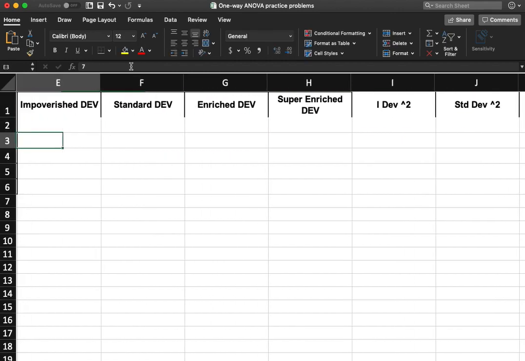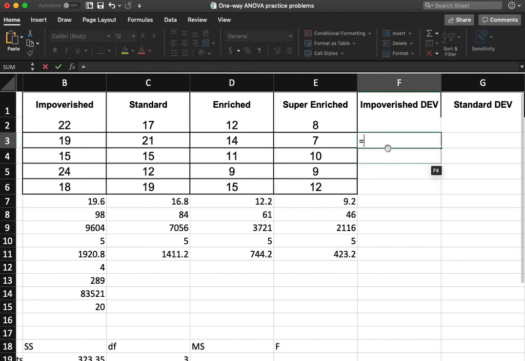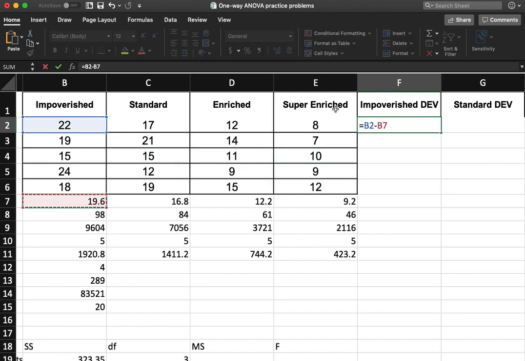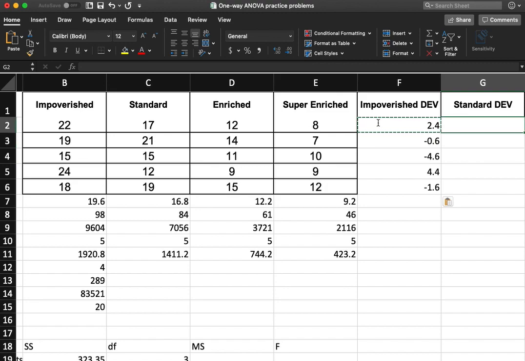All right, now let's get these deviations first. So impoverished deviation is, you know what? Let's put it in the right cell. For the first one, it's this score minus the mean for that group. And we're going to hold that mean constant as we paste on down the column for the other 4 scores. Same deal with the standard group.